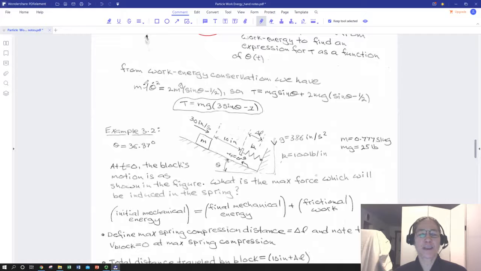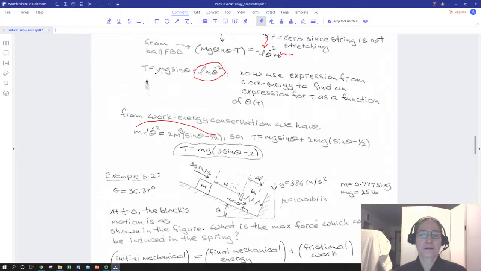So work energy gave us m L theta dot squared equaling 2mg sine theta minus 1/2. So this was from work energy. So we can just substitute into here in our Newton's second law expression, which gives us tension, and all of that goes there.